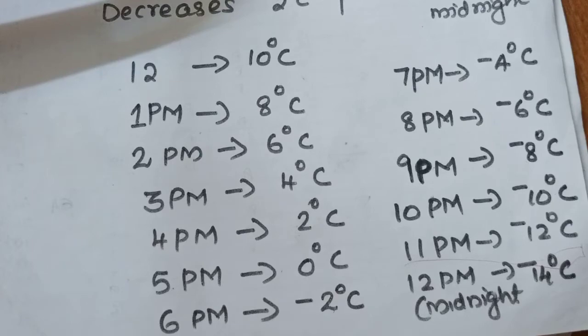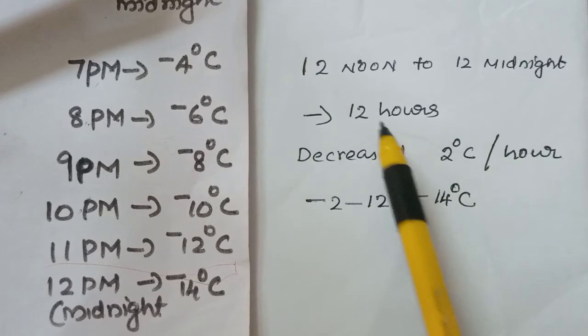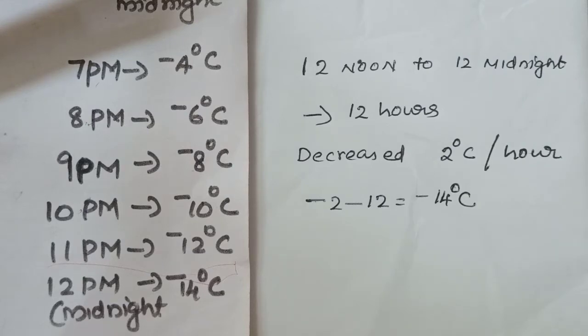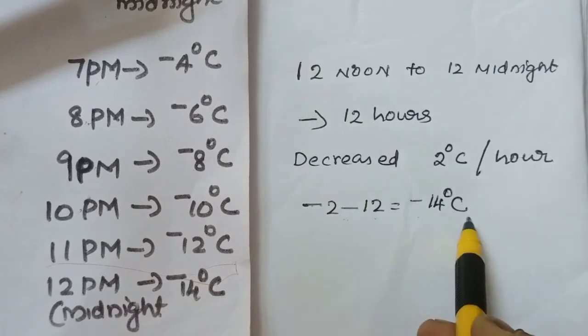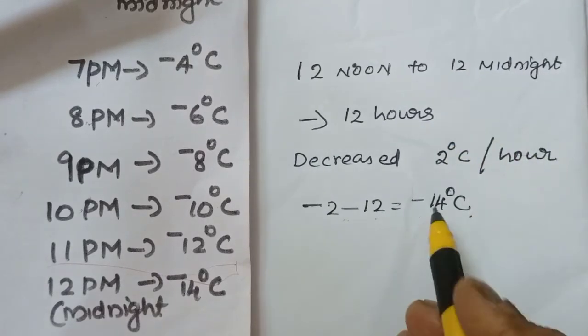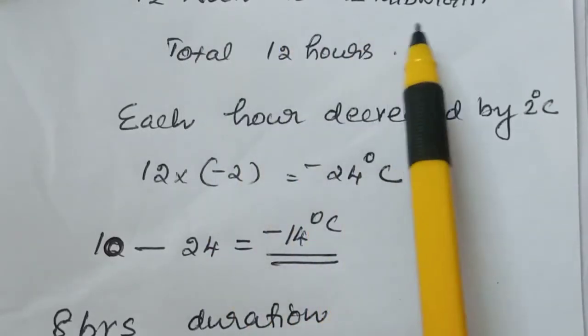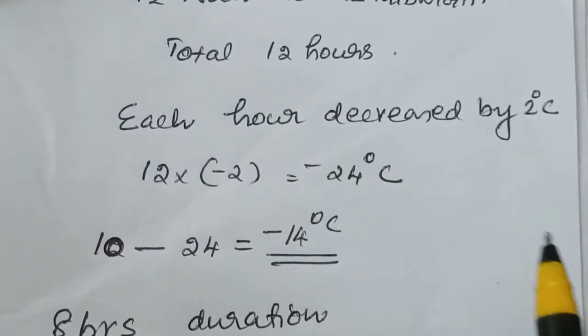Also we can find out by another method. From 12 noon to 12 midnight is 12 hours, decreasing 2 degrees Celsius per hour. So we want to subtract 12 times 2. -2 minus 12 is -14 degrees Celsius. That is, at 12 midnight -14 degrees Celsius. From 12 noon to 12 midnight, total 12 hours. Each hour decreased by 2 degrees Celsius.